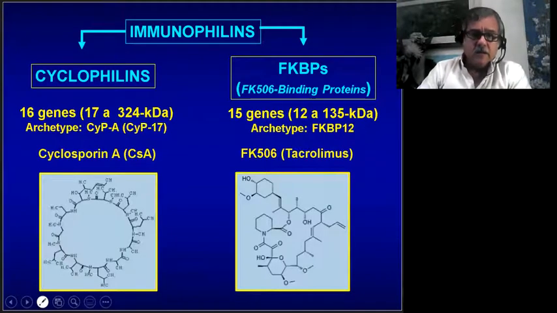If they bind the undecapeptide cyclosporin A, they are named cyclophilins or simply CYPs. If they bind the macrolide FK506 or tacrolimus, they are named FKBPs for FK506 binding proteins.